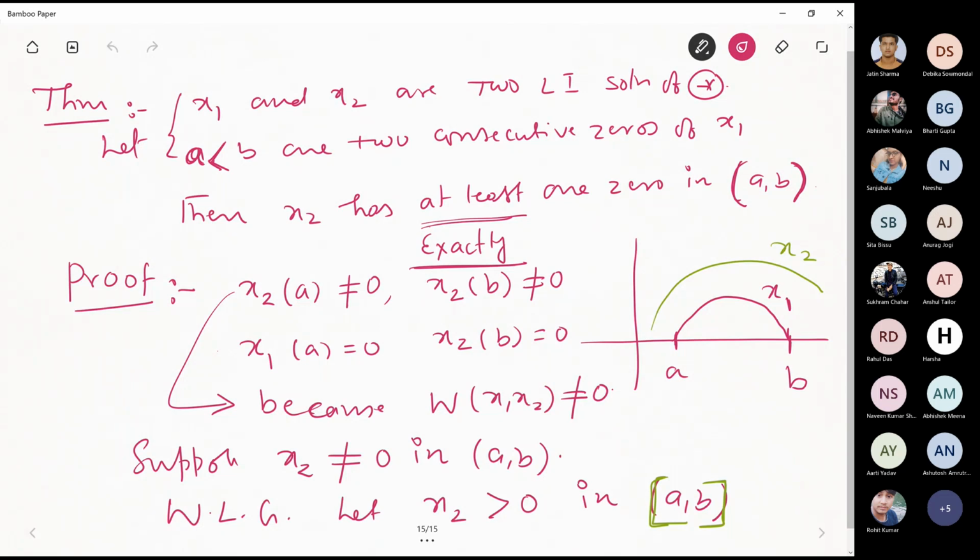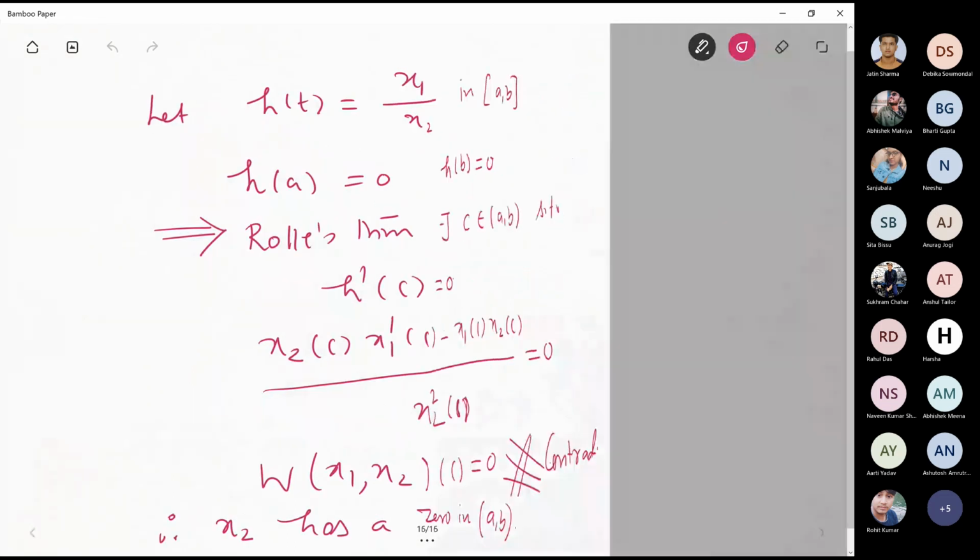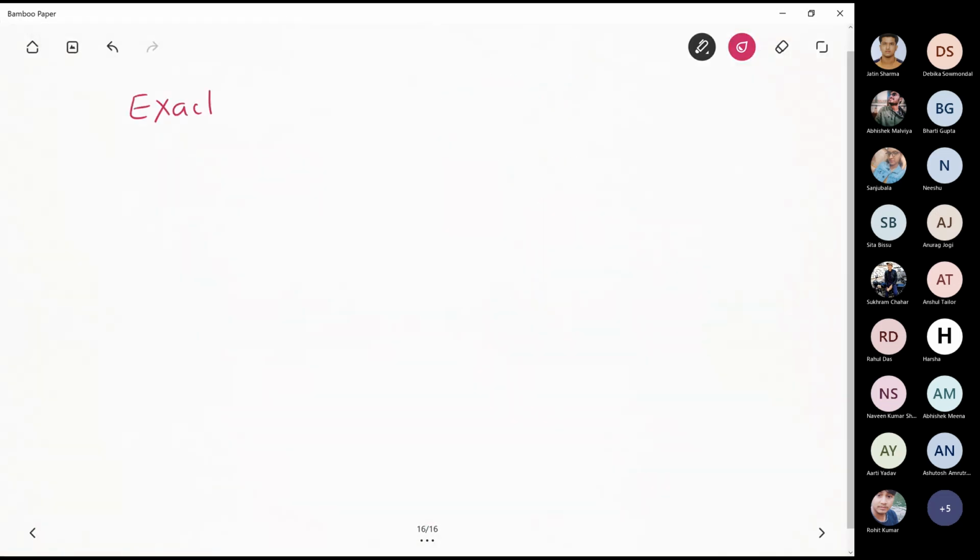It is because if it has two zeros, I can interchange the roles of x1 and x2.